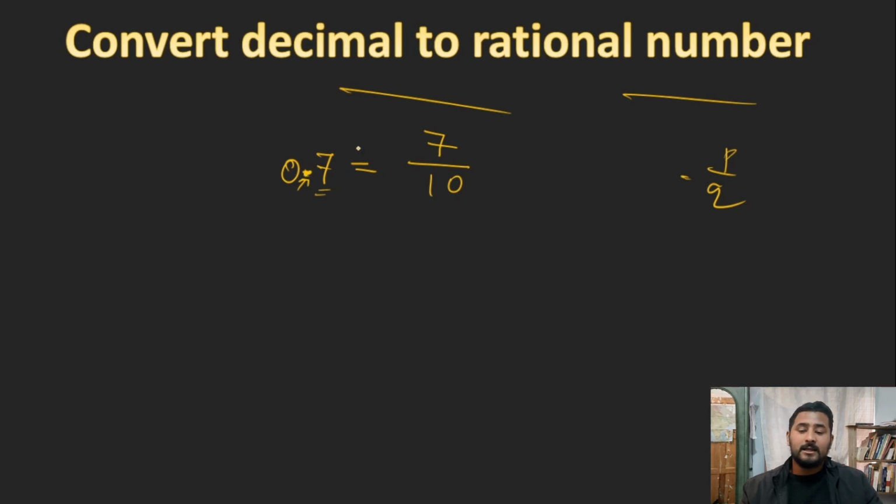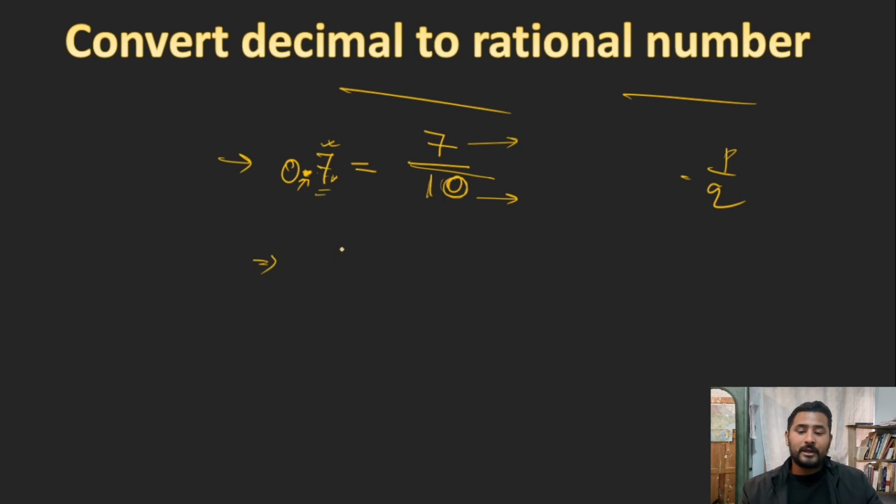In this question, there's only one digit after the decimal point. So I divided it by 10. I give 1 and as many digits, that many zeros. So after the decimal point I saw only one digit, so I give only one 0. And this 0.7 is the numerator, this will be the denominator. The numerator will be this 7 directly.